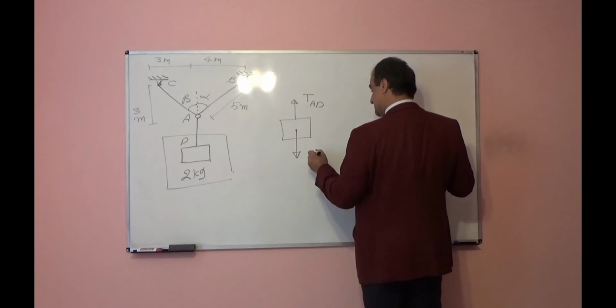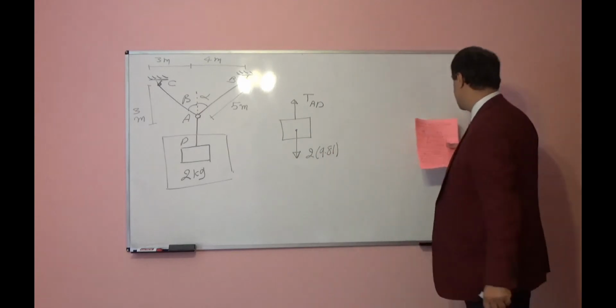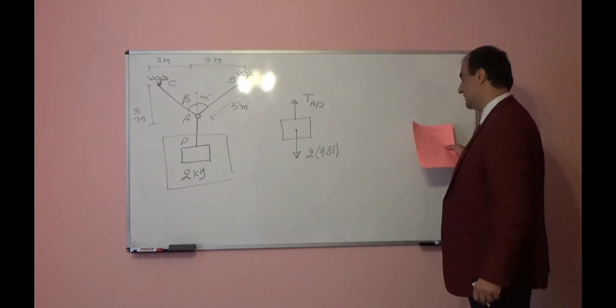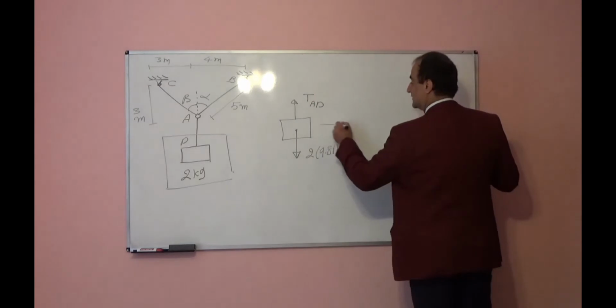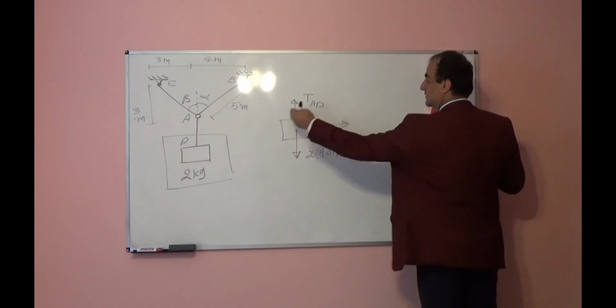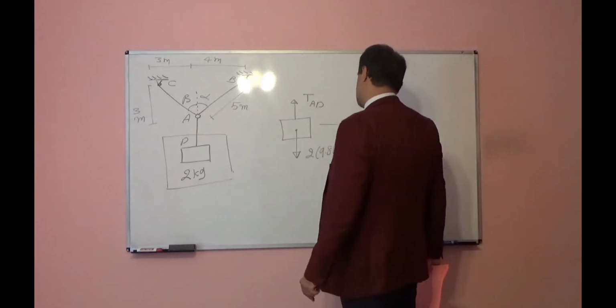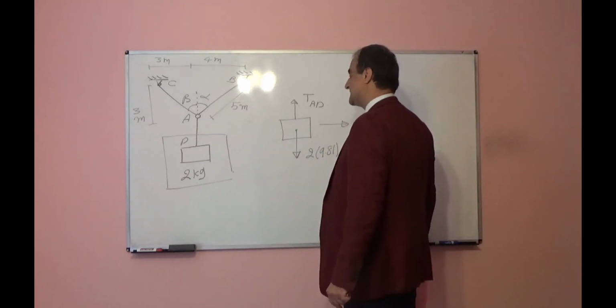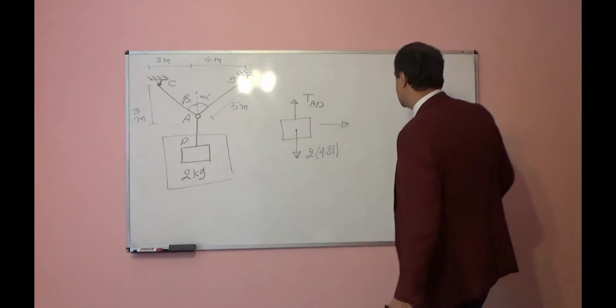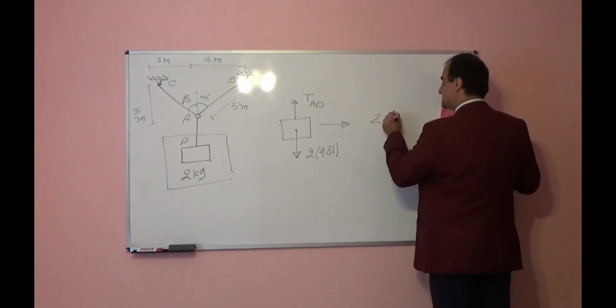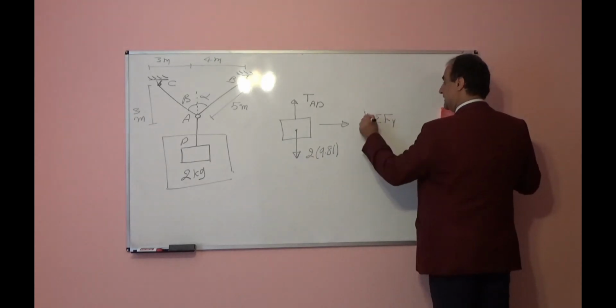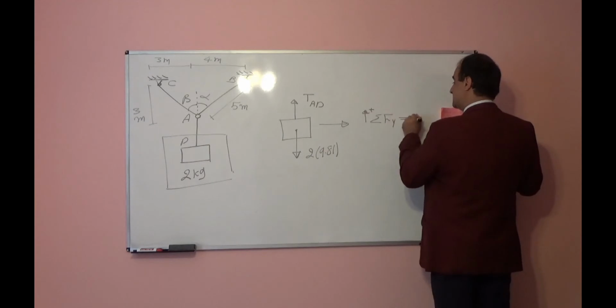Another force is the weight of this box, which is 2 times gravity, 9.81. We see this box is in 2D space, so the summation of forces in the x direction will not help us, but the summation of forces in the y direction is equal to 0.